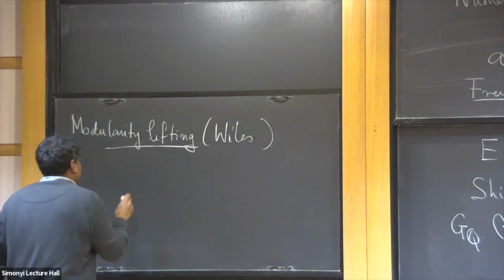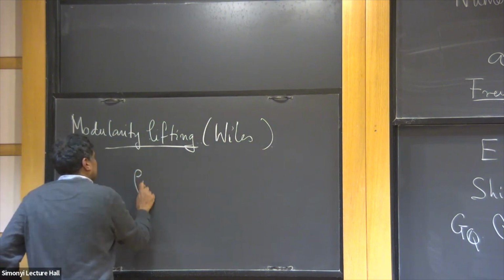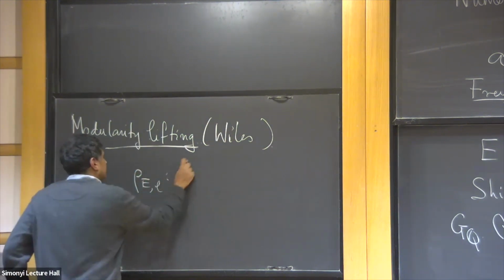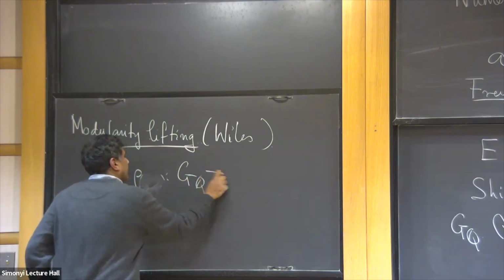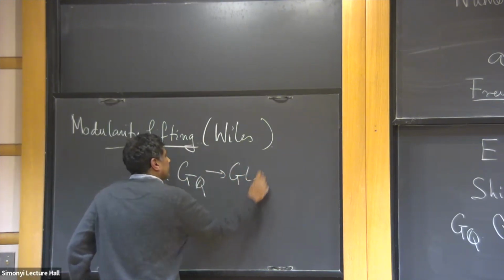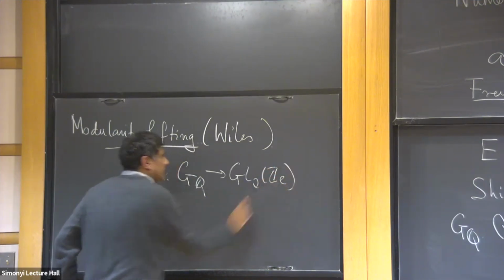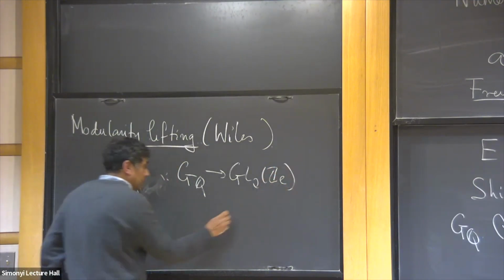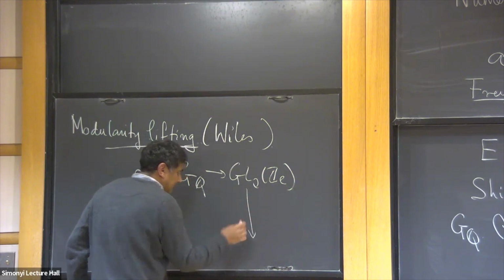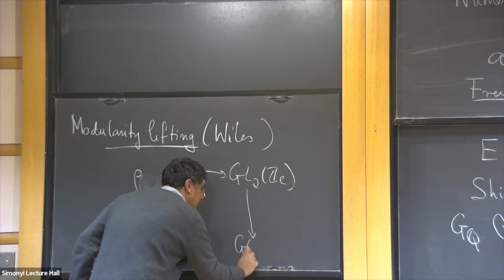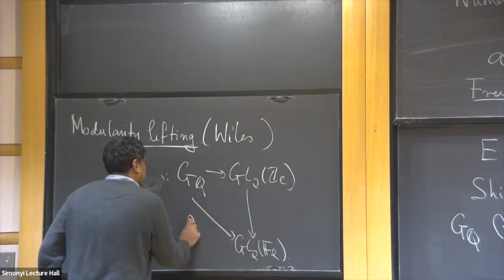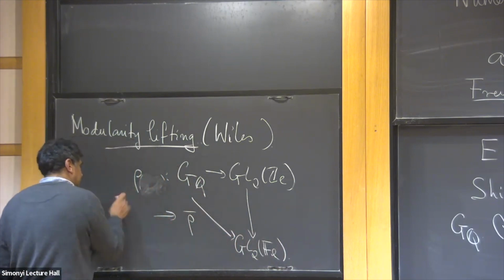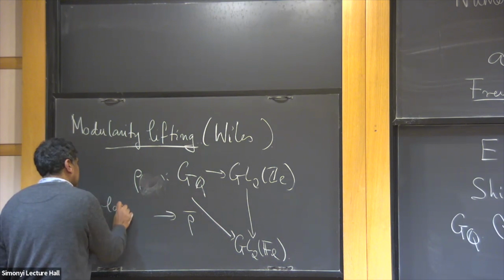So the basic idea is that you look at some representation, which you can just call rho, and you want to show it comes from a newform. What you give yourself is that its residual representation has large image, for example, irreducible, and it is modular.